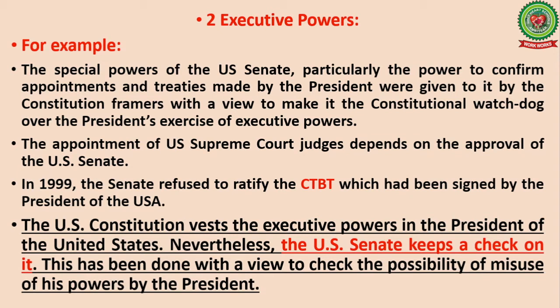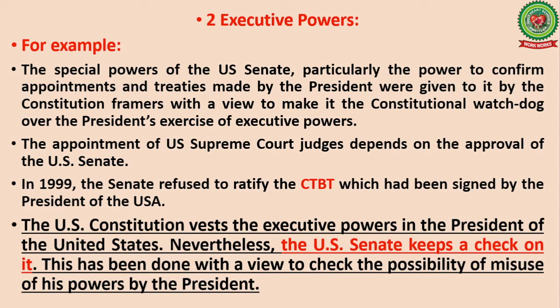The president in USA, who is supreme head of the nation and first citizen of the world, is checked by the Senate. If he makes any appointment, if he signs any treaty, it is checked or approved by the US Senate. The appointment of US Supreme Court judges depends on the approval of the US Senate.